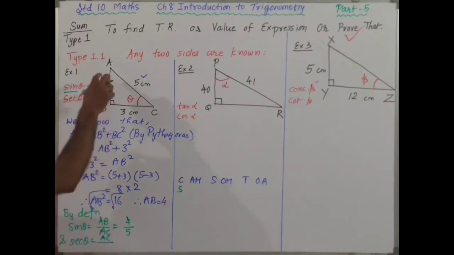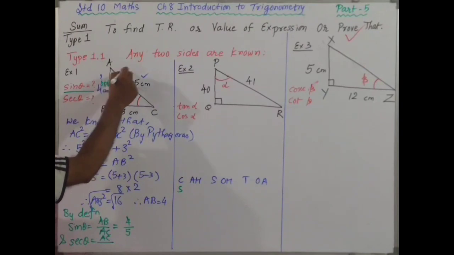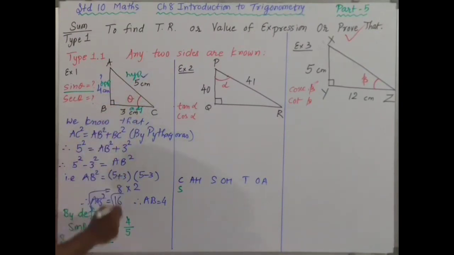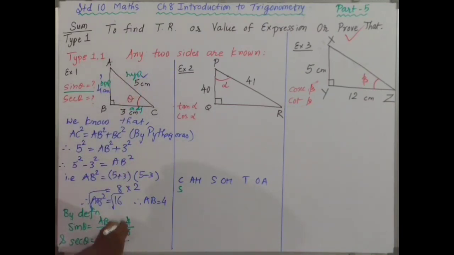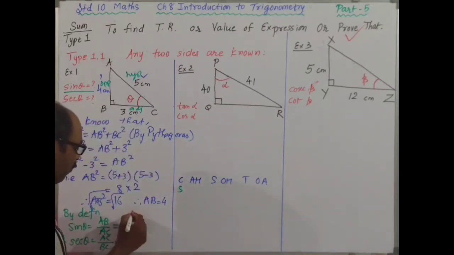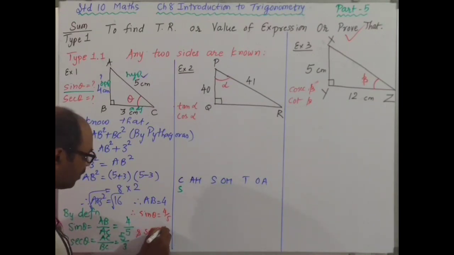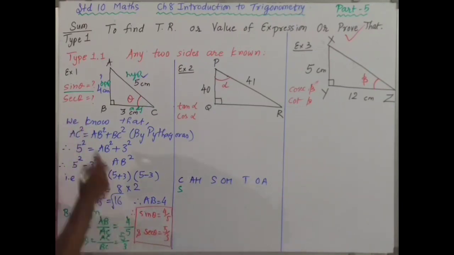AC. And what is adjacent? Theta's adjacent. Children, if you want, you can write this: this is opposite, this is hypotenuse, and this is adjacent, so that you can pick up easily. Adjacent is BC. Now hypotenuse is 5 upon BC, that is 3. Therefore, sin theta is equal to 4 upon 5 and sec theta is equal to 5 upon 3. There you are. You have got the answer that you asked.